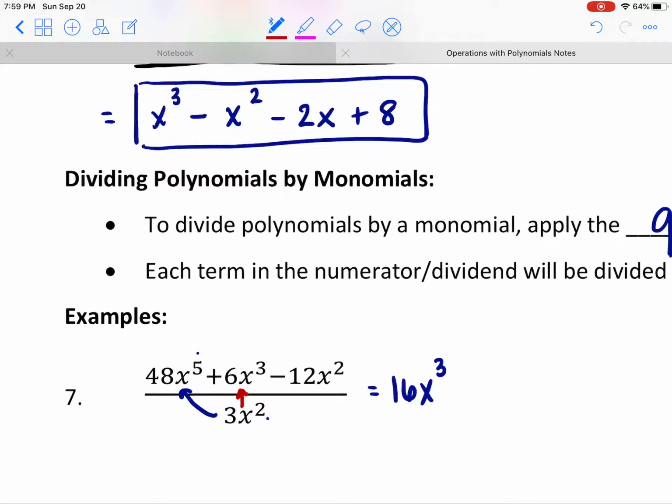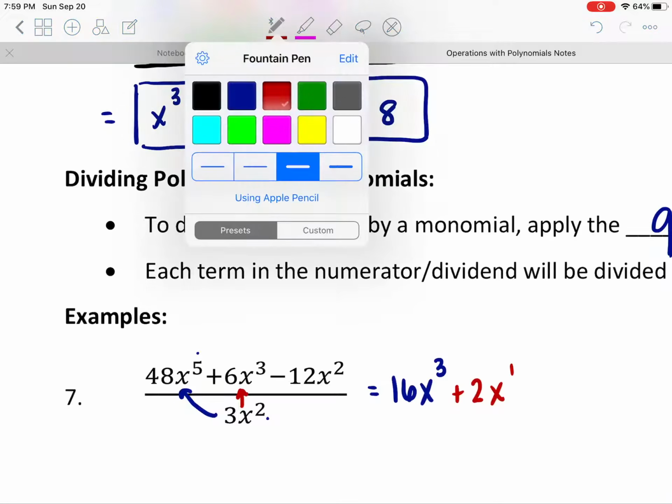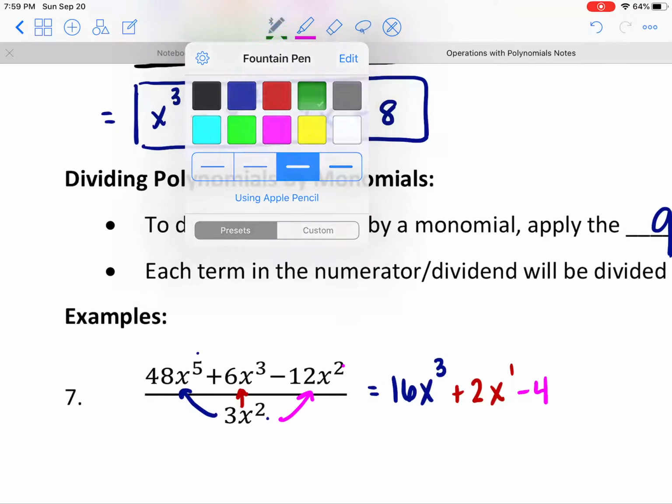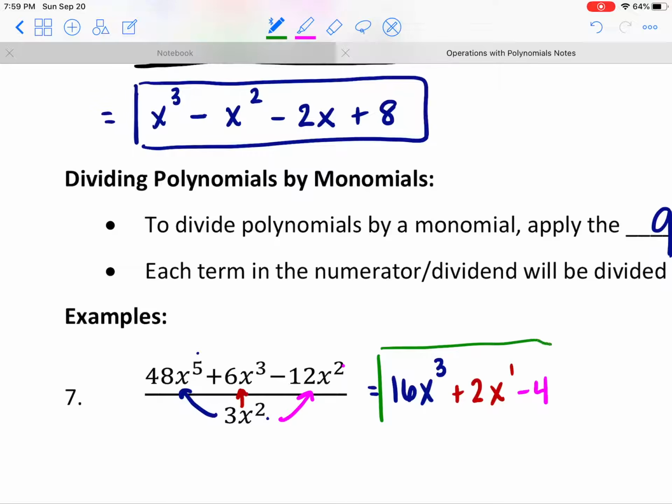And then we're going to divide again here. 6 divided by 3 is going to make 2. And we're going to have x to the 3 minus 2, which is 1. And then lastly, we're going to divide here. Negative 12 divided by 3 makes a negative 4. And then 2 minus 2 is going to give me x to the 0, which we know is just a 1. So then my answer is 16x cubed plus 2x minus 4.